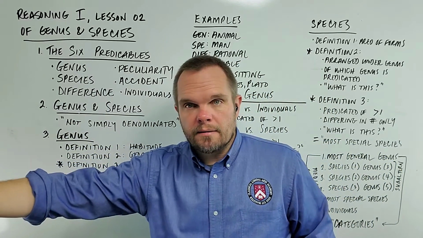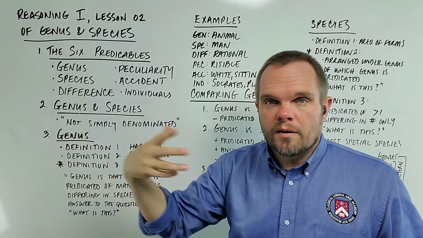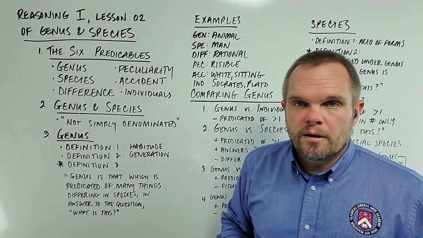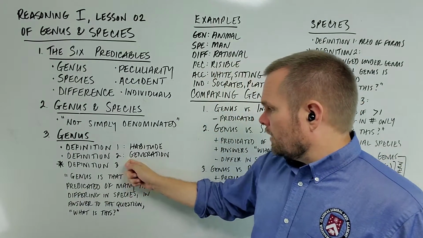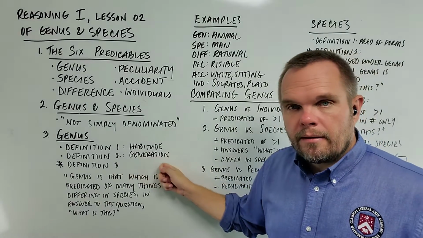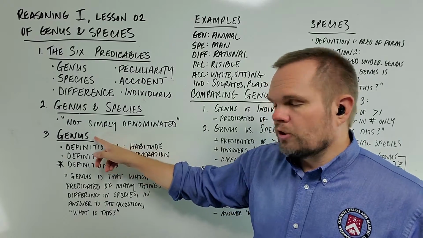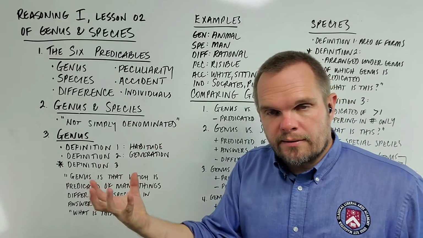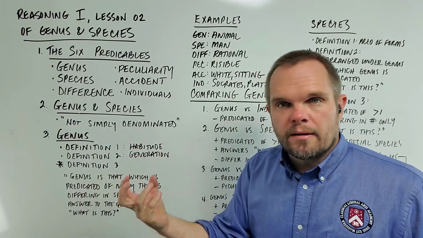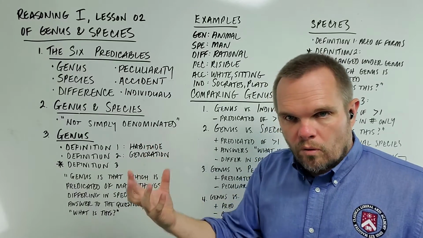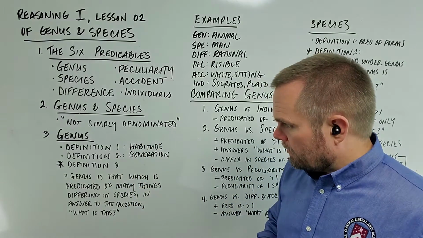An Athenian is the source of all of the people of Athens. So generation, having a common generation of some kind, is the second way that genus is used, a class of things that share some common generation or origin, okay?